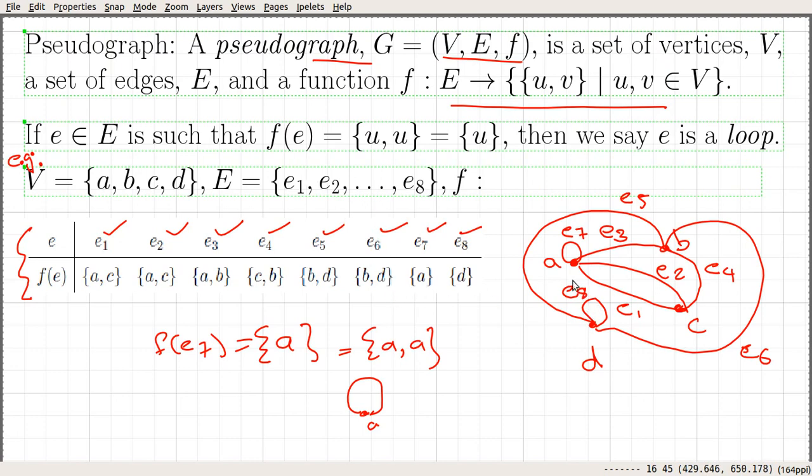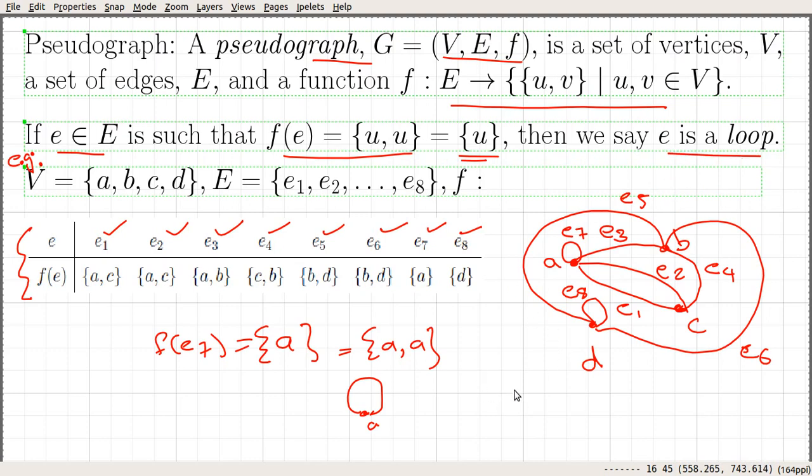Okay, so this is how this graph is pictorially represented. Here again you can see that if e is an element of E such that f of e is equal to {u}, because we simply denote it by this singleton set, we say e is a loop.